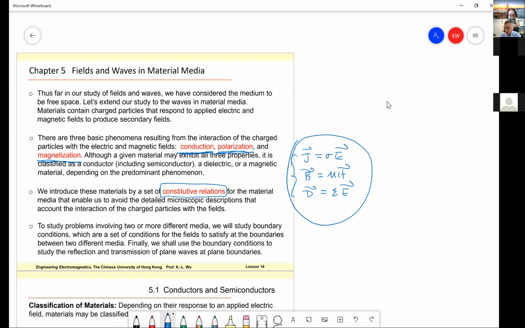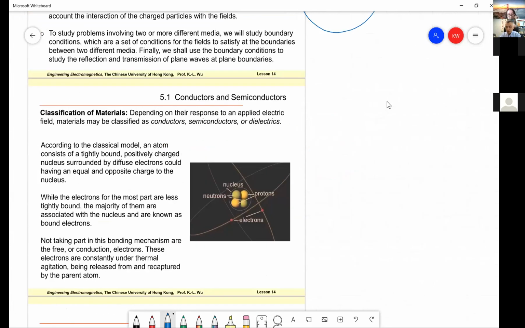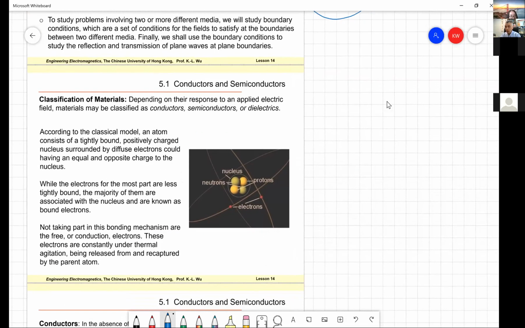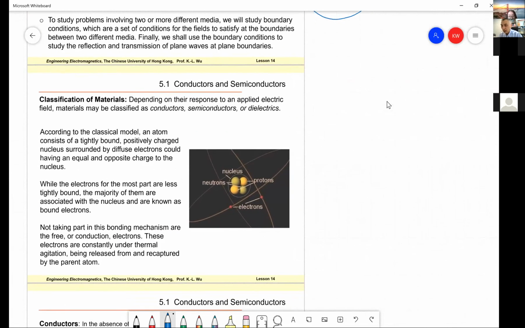However, to understand those things, we still like to start from the very basic description of molecules, even nucleus and electrons.